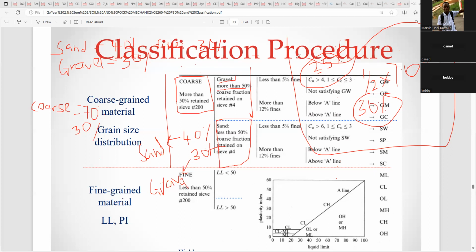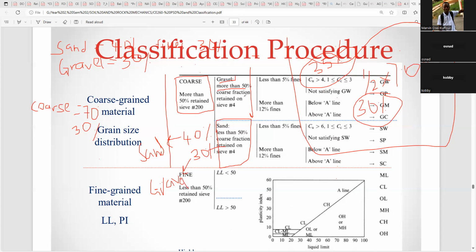Or if you go through that calculation too, it will land you at the same place: you take half of the coarse fraction, which is 70, and compare with the percentage retained on sieve number 4, which is the percentage of the gravel. If the percentage of gravel is more than half of the coarse fraction, you choose gravel.